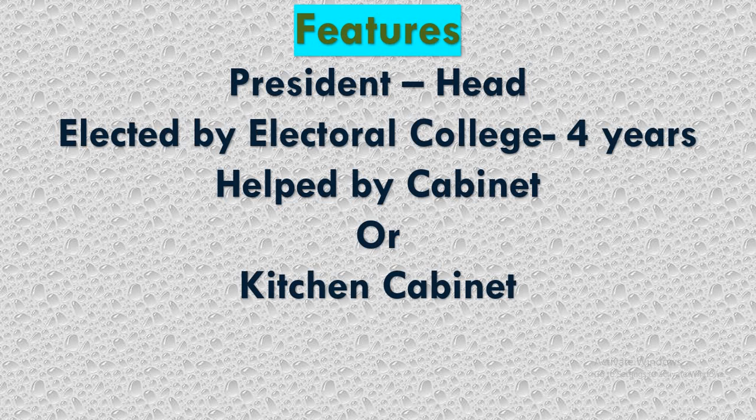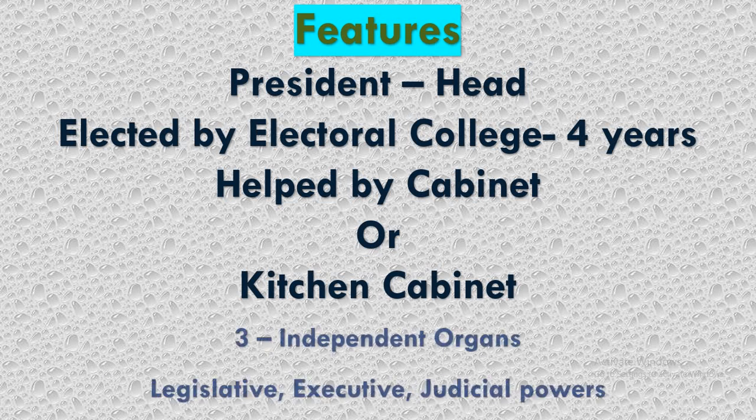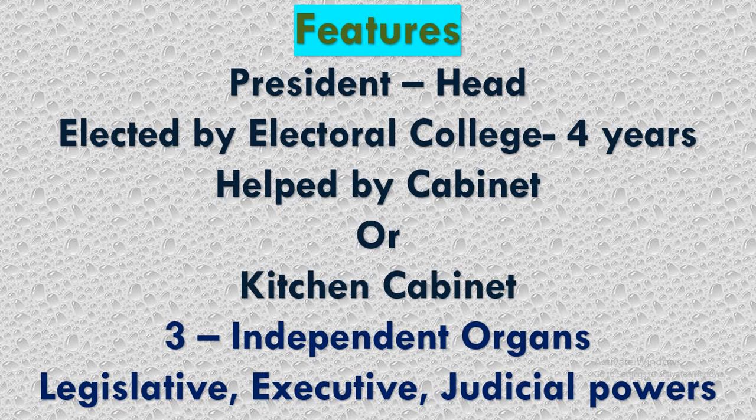He is helped by the cabinet ministers, who are also called the kitchen cabinet, a smaller body. It has 3 independent organs: the legislative, executive and the judicial part. So all come under the control of the president.